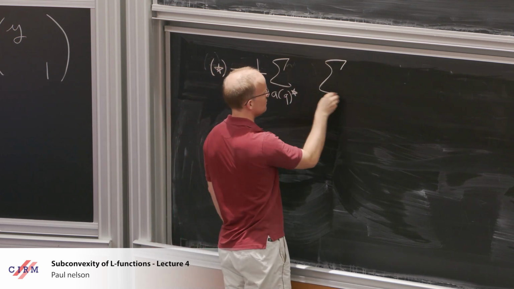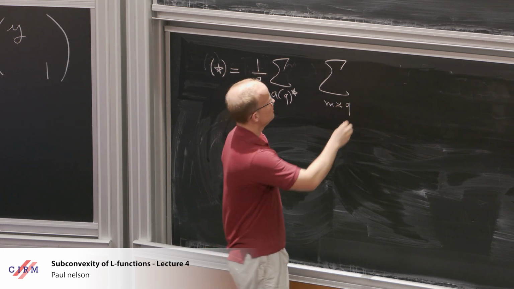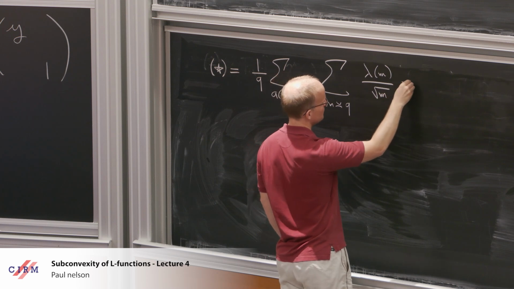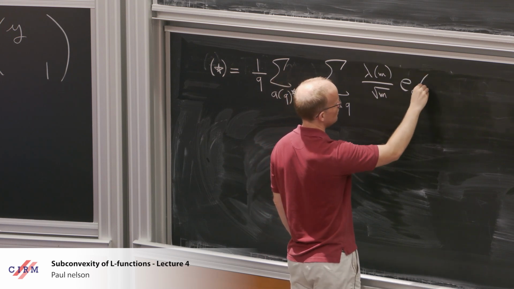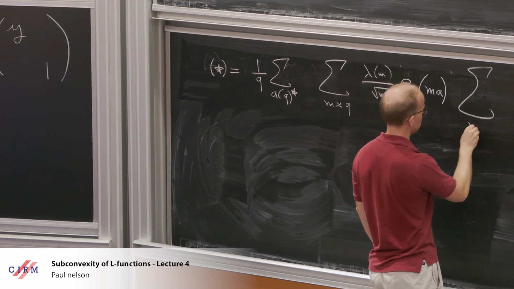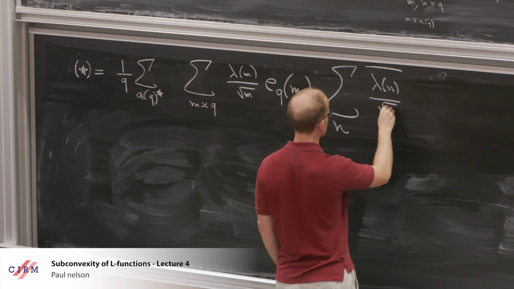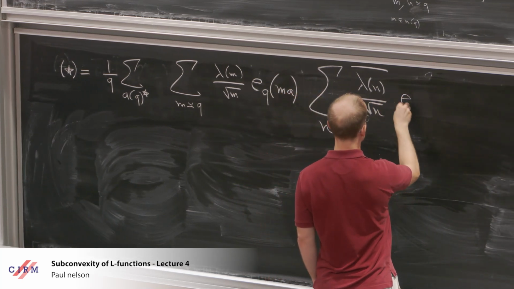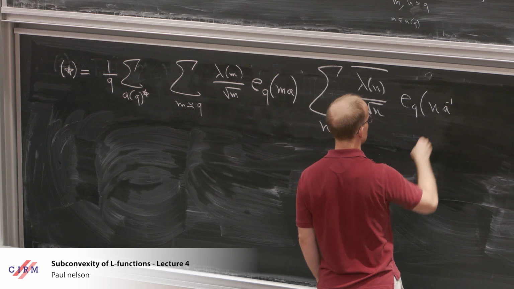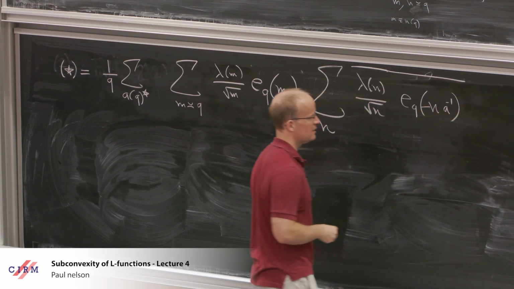And then we have a sum over m and n that we can factor as a product of two sums. So there's a sum over m of lambda m over square root of m, eq of ma, and then we have a sum over n of, let's say, lambda n bar divided by square root of n times maybe eq of n a inverse. I don't know, maybe I'll throw the bar all the way over there and negate the exponential.